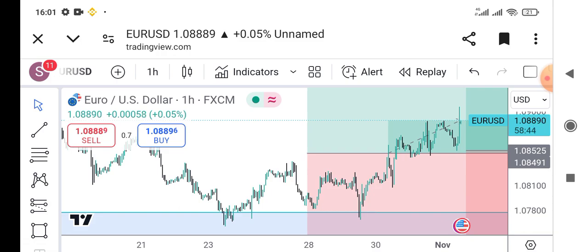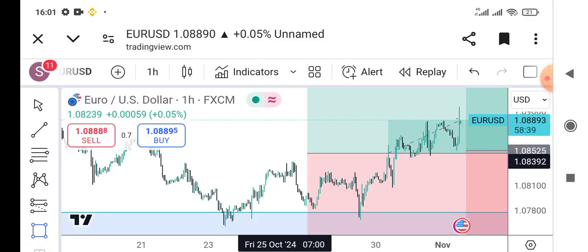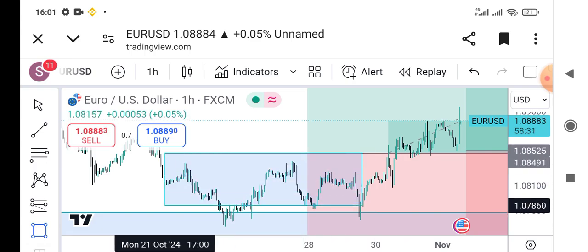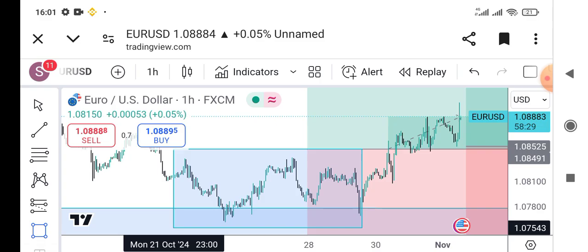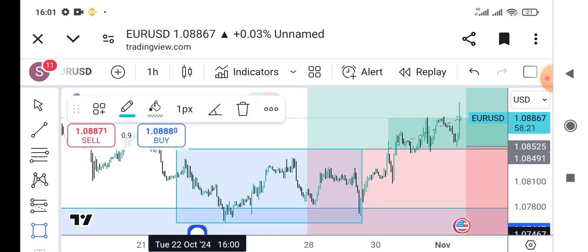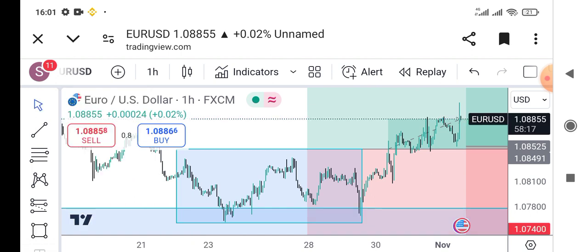So the reaccumulation zone is at this point. I usually have it as a box, so anytime it breaks out, I'm able to tell.